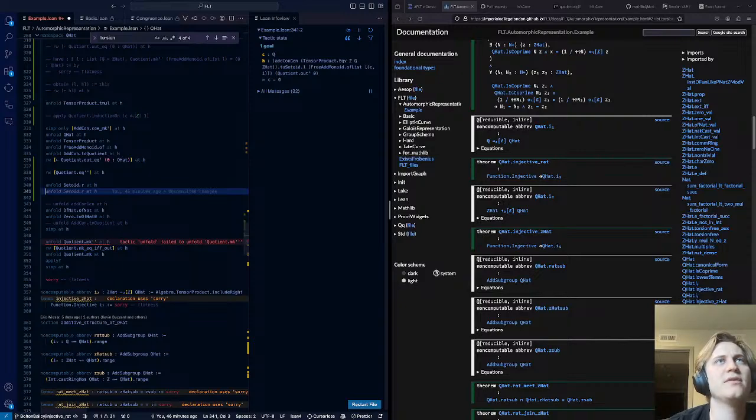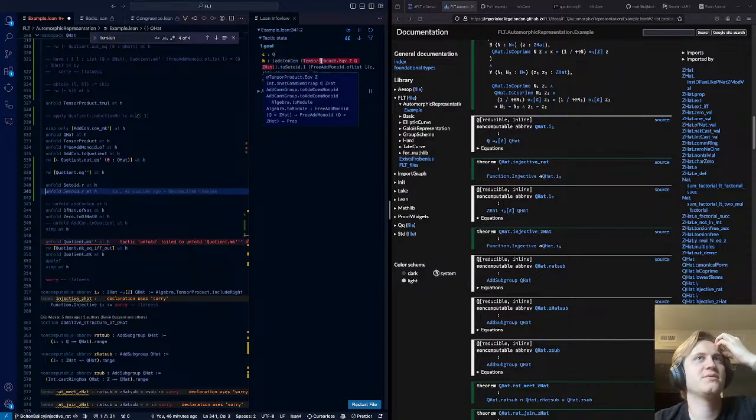TensorProduct.Equiv. So wait a minute. AddConGen, so both of these are relations. AddConGen is a completion of this relation. The equivalence relation is this relation, which is defined inductively. Sorry, let me go to the definition again.